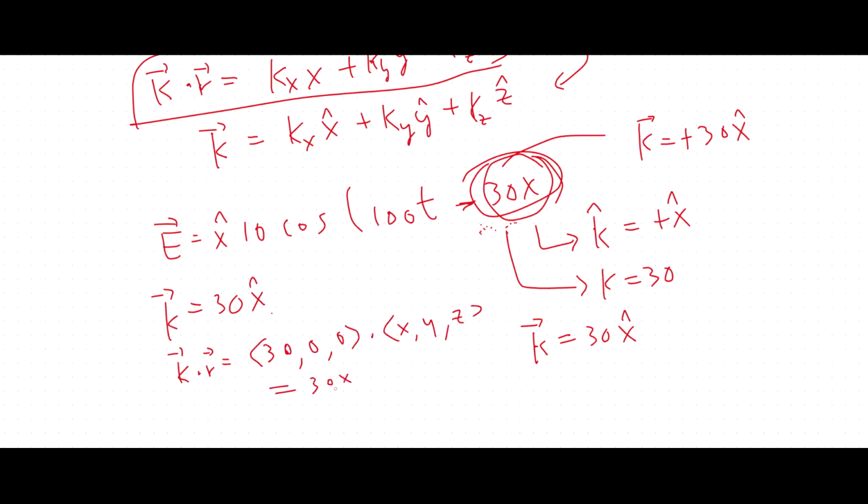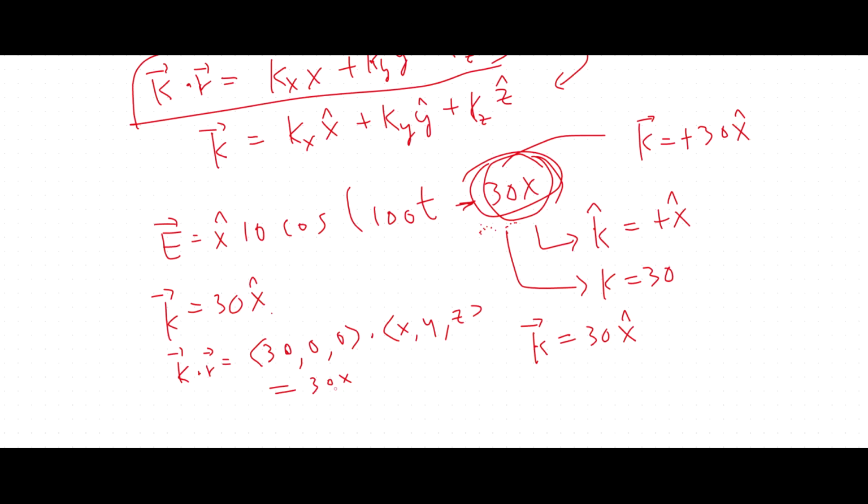So what does that actually mean? Are you only looking at the field on the x-axis? R is where you're observing versus where it's propagated. That means any point with the same x, the whole plane, doesn't matter what y and z are, has the same electric field.